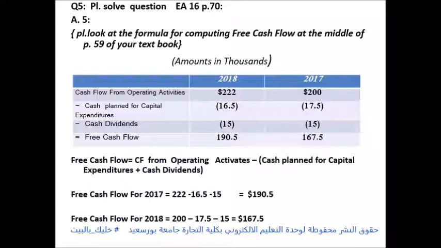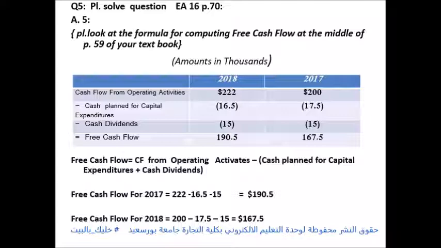Now, question 5 speaks about a new concept, which is called free cash flow. The formula for it is in the middle of page 59 of your textbook.